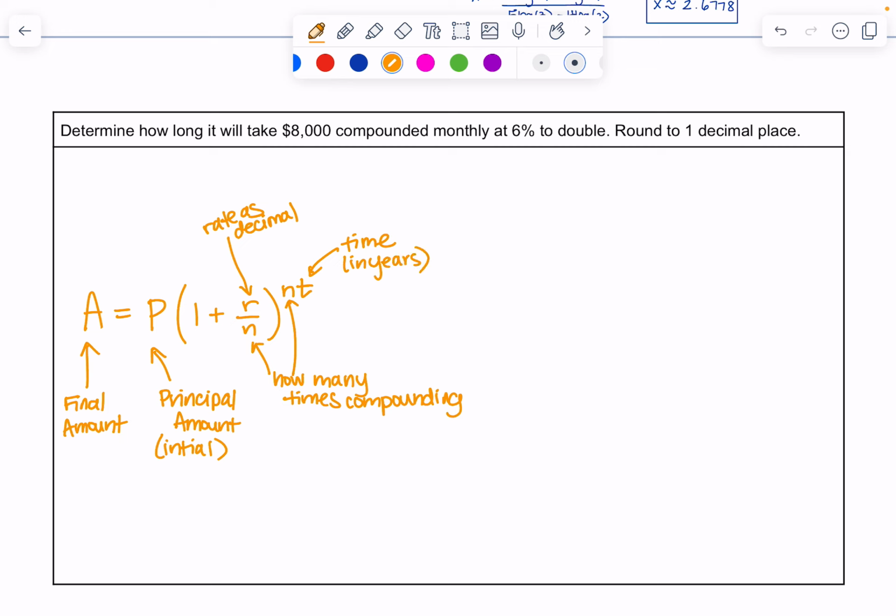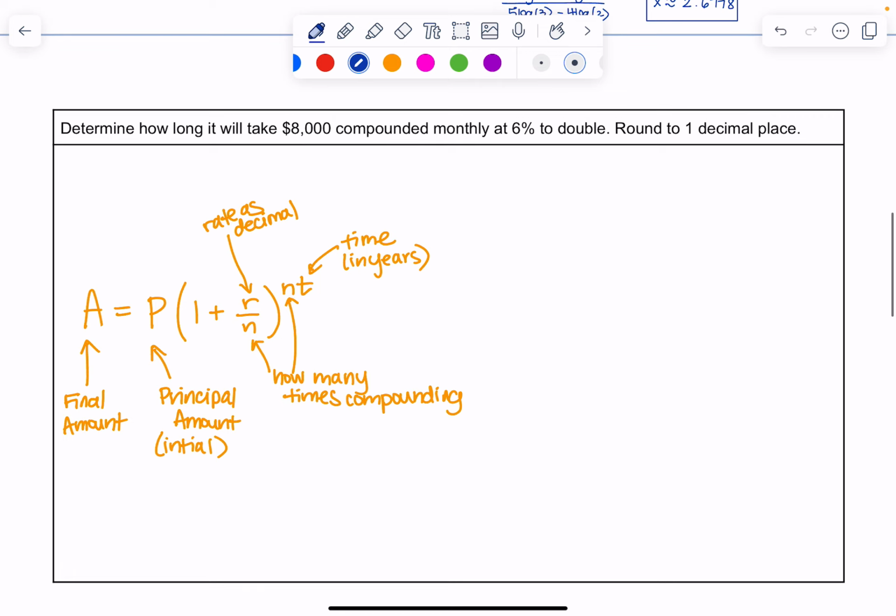Okay, so going back and reading the problem, we have $8,000, so that would be our principal, 8,000. 6% compounded monthly, so our N is going to be 12. The rate is 6%, so 0.06 is our decimal. And then double, so the final amount is to double the 8,000, so our final amount is going to be 16,000, and we don't know the time.